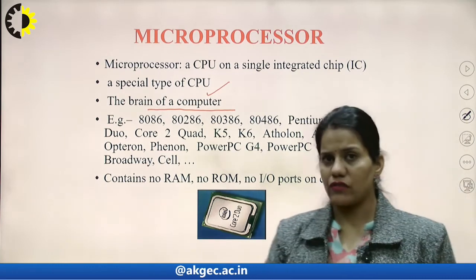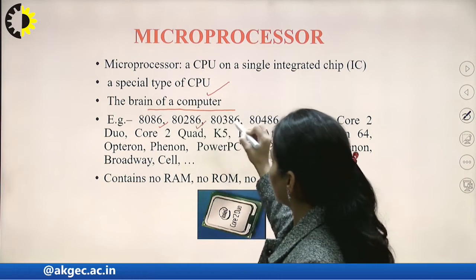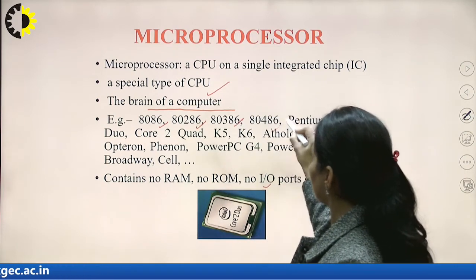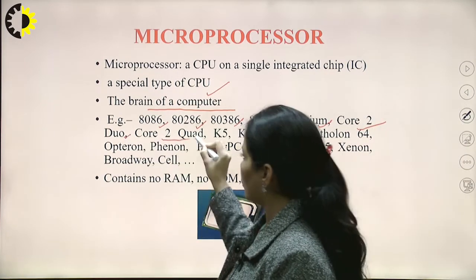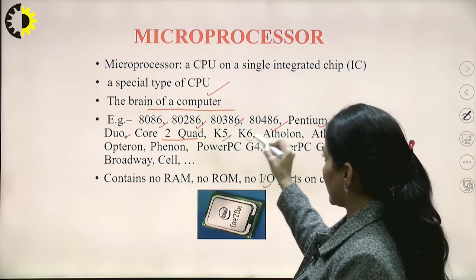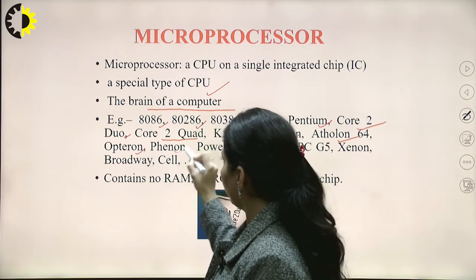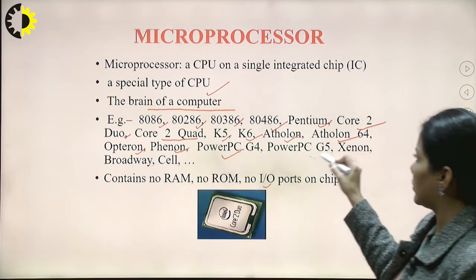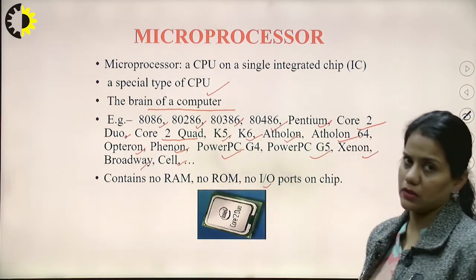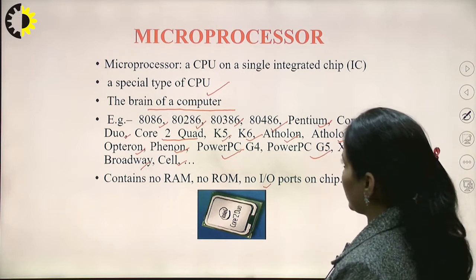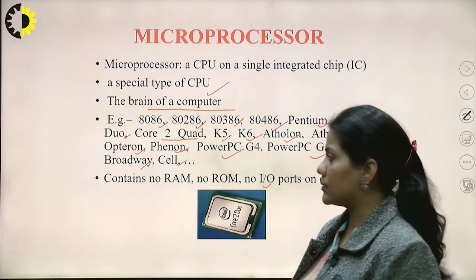Examples of some famous microprocessors are 8086, 80286, 386, 486, Pentium, Core 2 Duo, Core 2 Quad, K5, K6, Athlon 64, Opteron, Phenom, PowerPC G4, PowerPC G5, Xenon, Broadway, Cell, and the list is unlimited. These are famous microprocessors which we come across nowadays in today's gadgets.